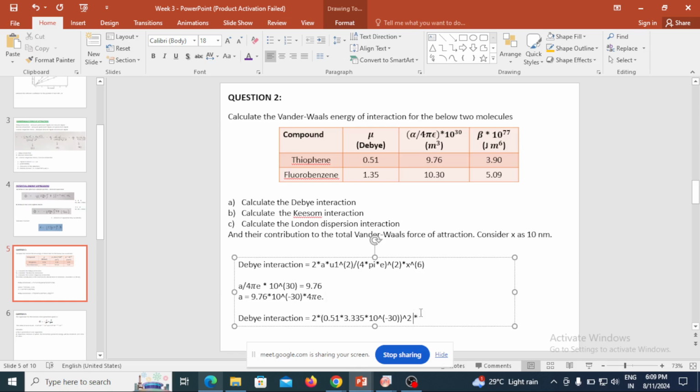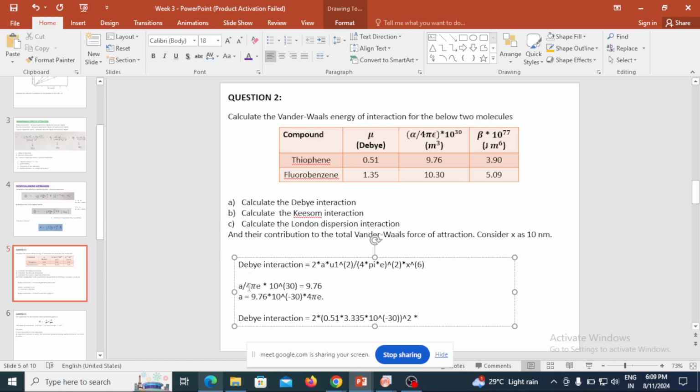So here I'll make a small modification so that the values get much easier to handle. Here it is written alpha and you have 4 pi epsilon the whole square, and here you have alpha by 4 pi epsilon.